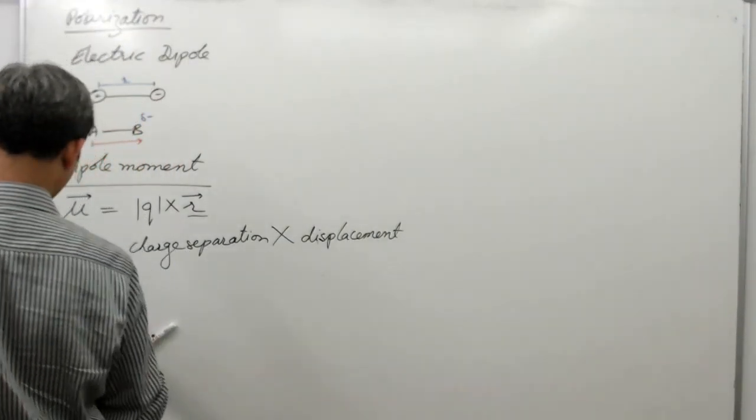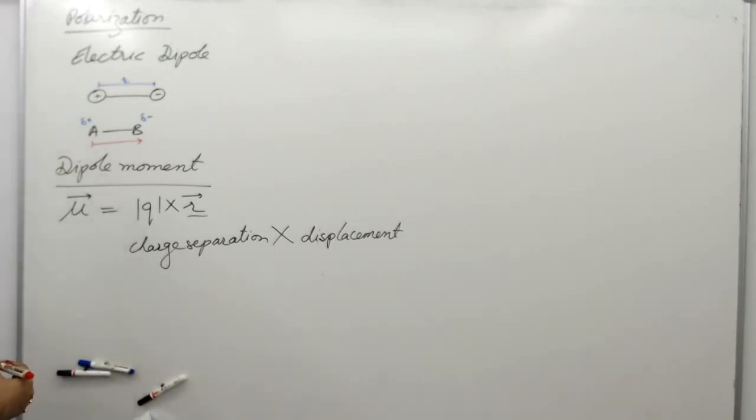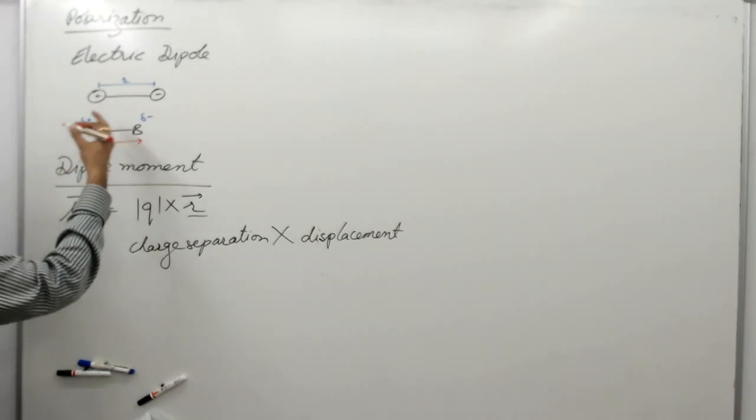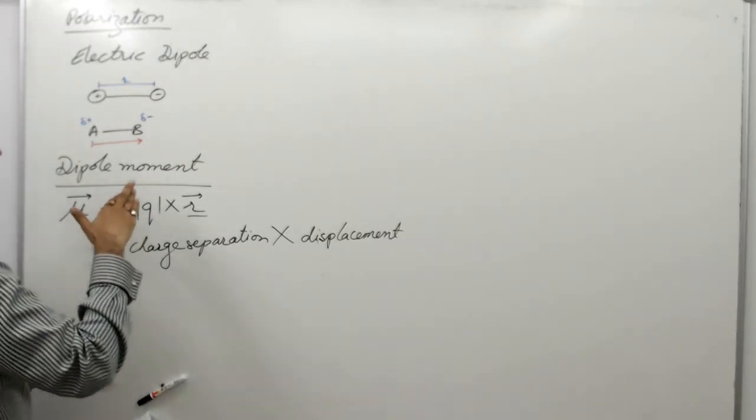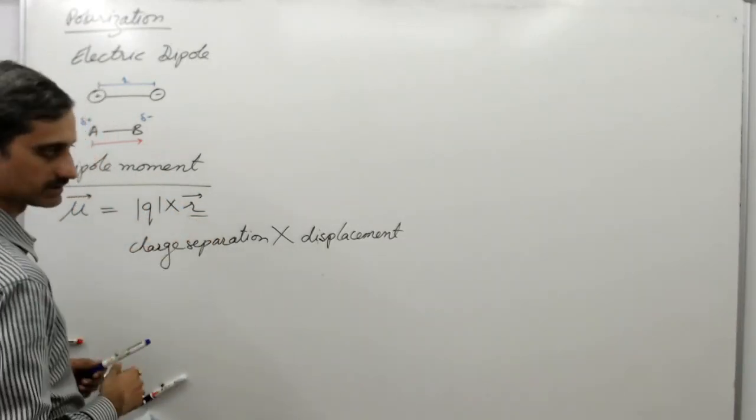Further, I need to have some dimensions also, magnitude also. I think it's not a big thing to understand that the dipole moment is simply going to have the dimensions of charge multiplied by the dimension of displacement.